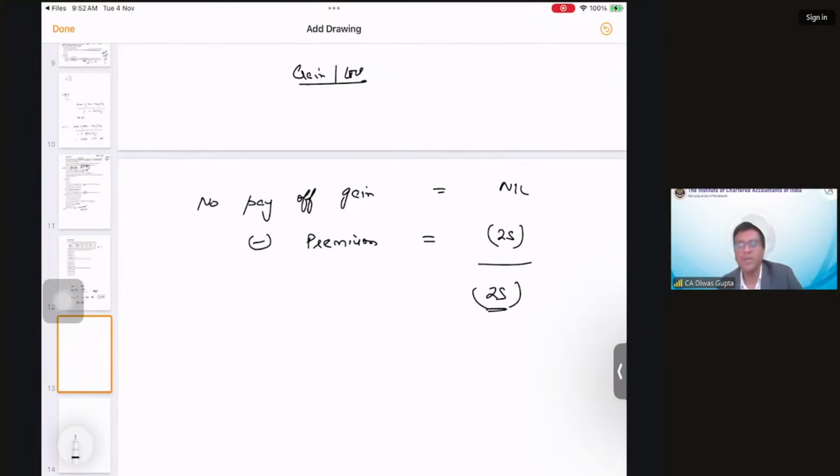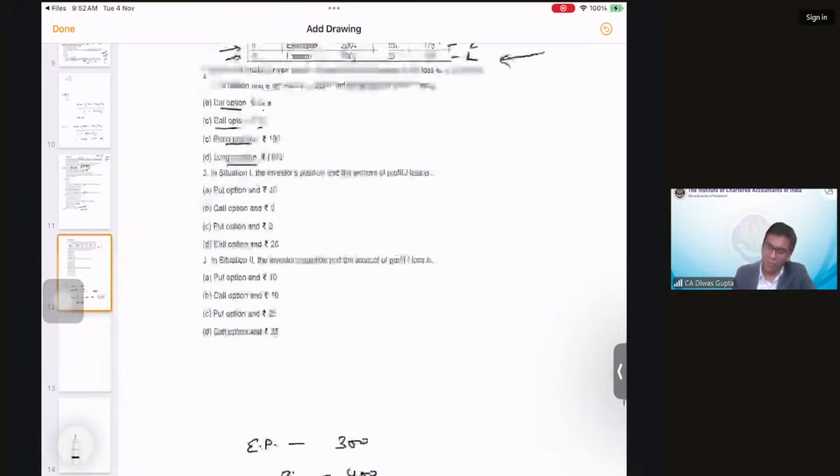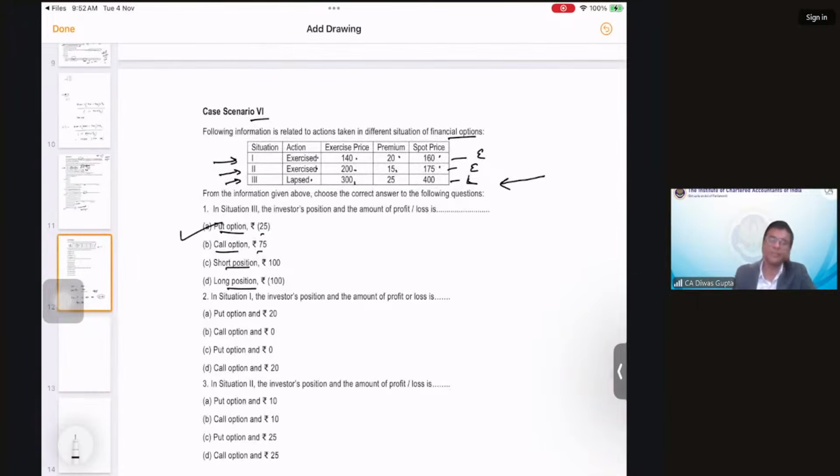So there is an overall loss of 25 rupees considering this as a put option. So the right answer becomes option A, students. Clear? So this is how we have derived it.